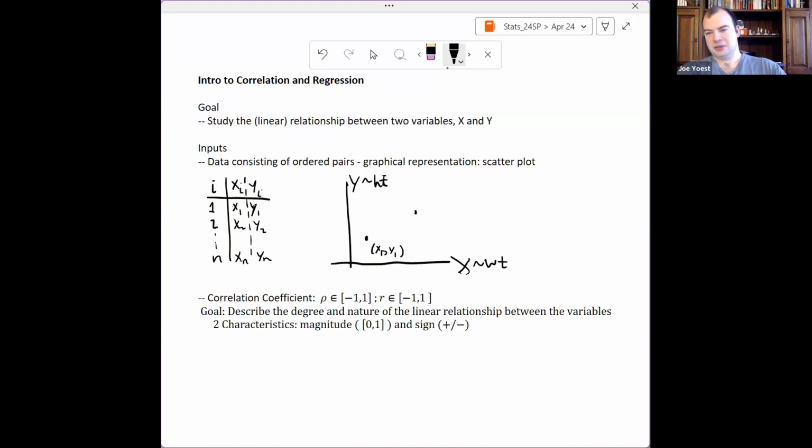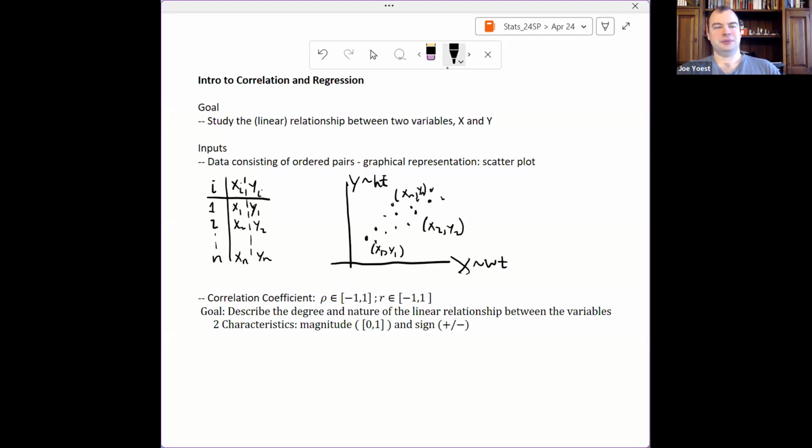Maybe this is point x2, y2. And I do this for a bunch of different people, through point xn, yn up here. And this gets me a scatter plot.